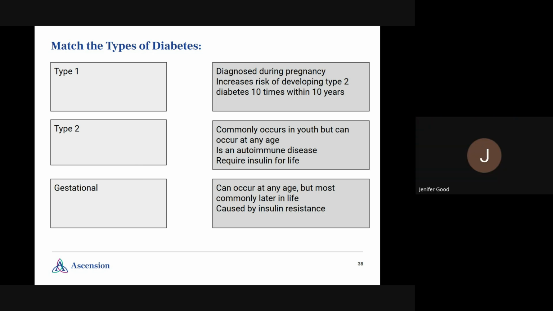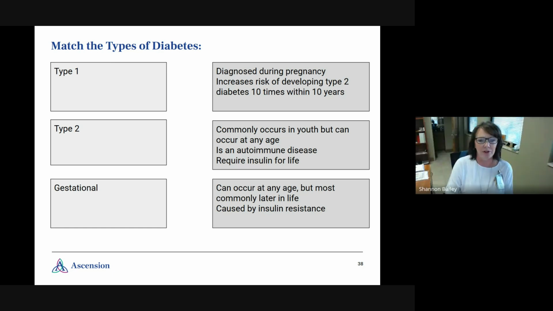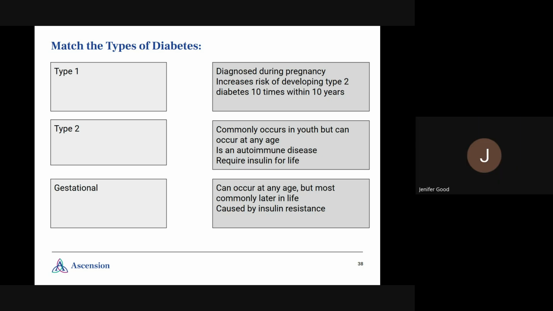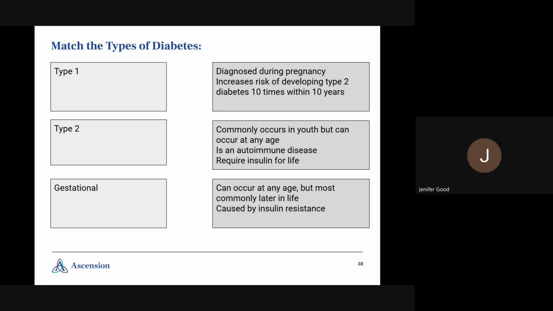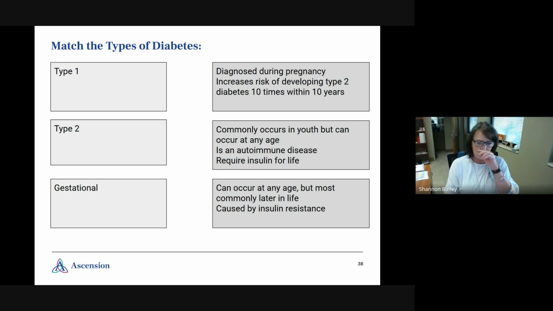That's gestational. Good for you. Bonus points. Commonly occurs in youth, but can occur at any age. It's an autoimmune disease, requires insulin for life. Type 1. Yeah, you're right, type 1. Or can occur at any age, but most commonly later in life, caused by insulin resistance. That would be type what? 2. Type 2. Bonus points for you.